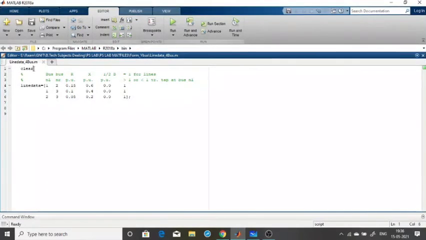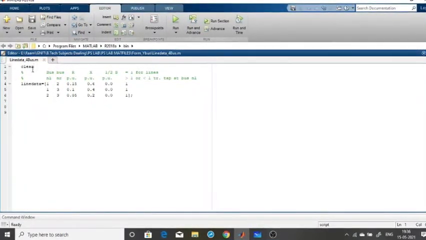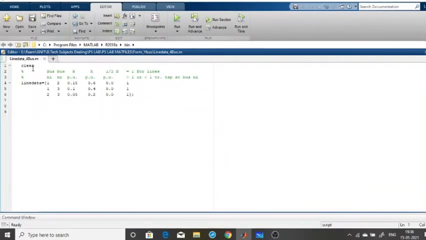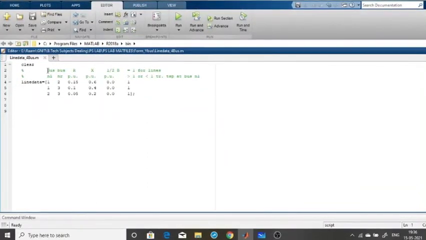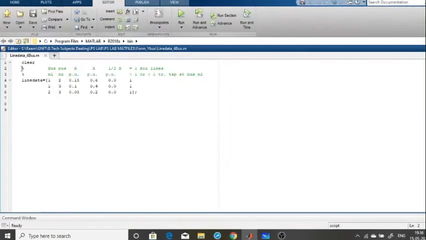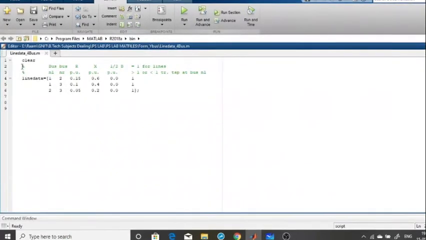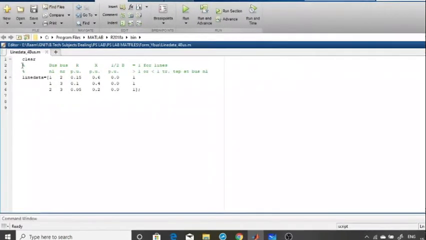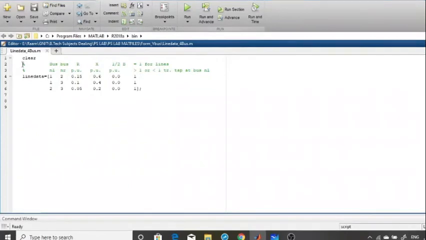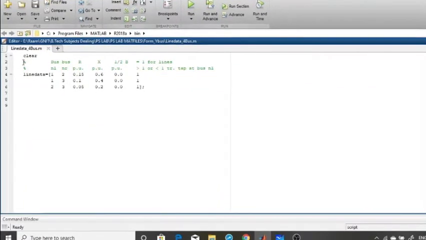So if you see here, this is clear, so whatever the data is there, it will get cleared. If you write anything starting with a percentage sign, that line will not be counted in the program. So you can write anything before that, but you need to write it as a comment with a percentage.